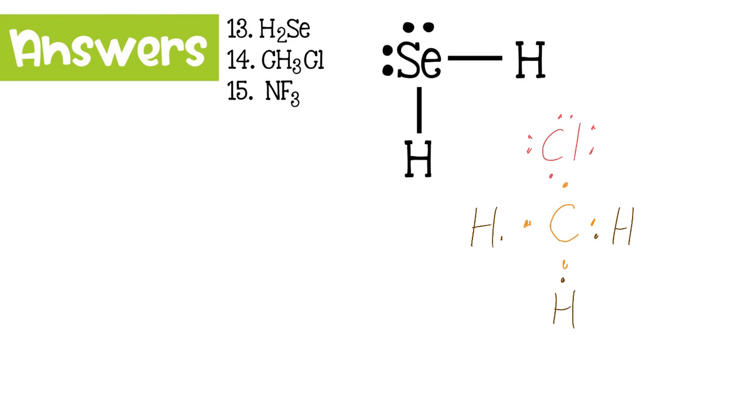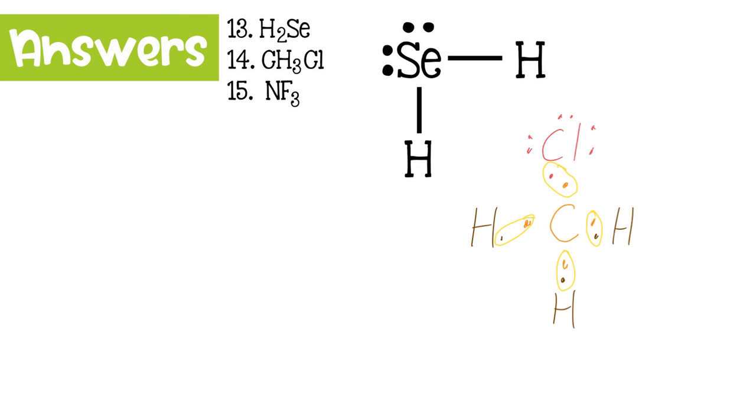So we're going to put the carbon, which has 4 unpaired valence electrons, in the middle because that carbon can form 4 different bonds. Now the carbon is going to pair up with the chlorine for 1 bond, and the electron from the carbon will also go to a shared pair or bond with each of the 3 hydrogens.